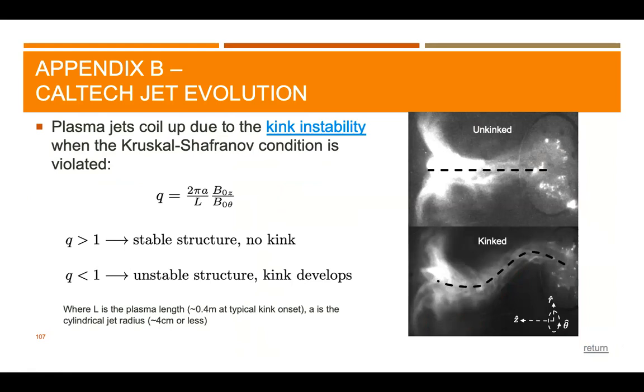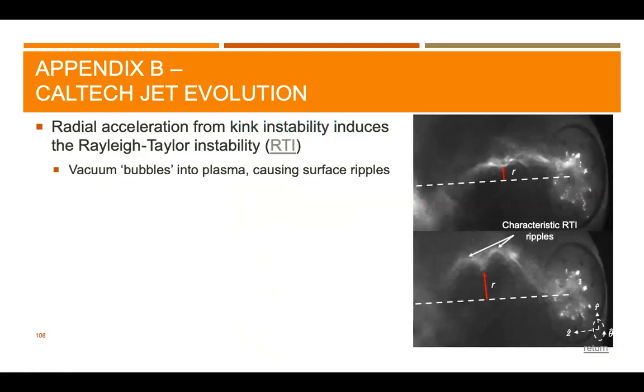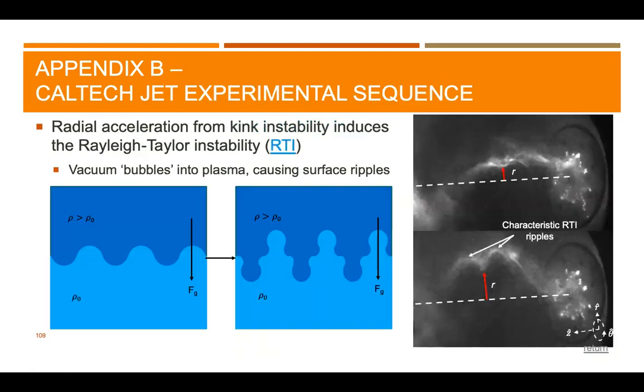That gives you a radial acceleration outwards, which causes the RTI. So you kind of correctly identified that typically when you talk about the fluid RTI, you have a light fluid underneath a heavy fluid. So rho greater than rho naught on the left hand there, and a gravitational force downwards. Here, because the rope of plasma is accelerating outwards, we have an effective gravitational acceleration downward.